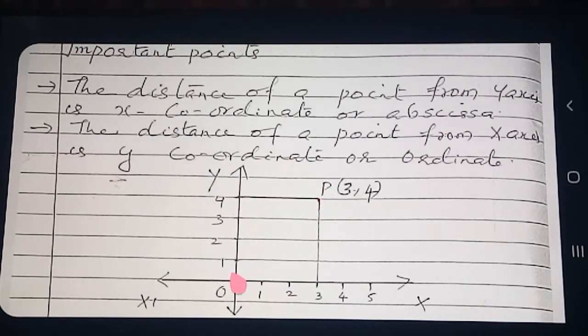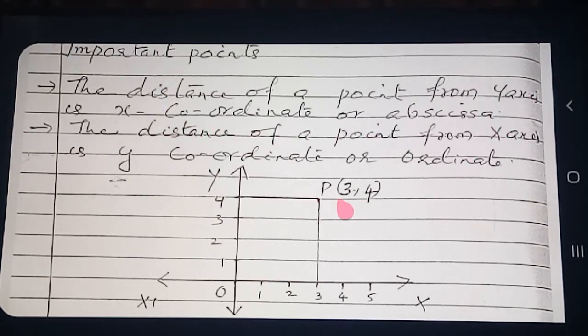This distance is the same as this distance, no? So what is this distance? 3 units. So that 3 units is the x-coordinate. Did you get it clear? Therefore, the distance of a point from the y-axis is the x-coordinate, or abscissa.